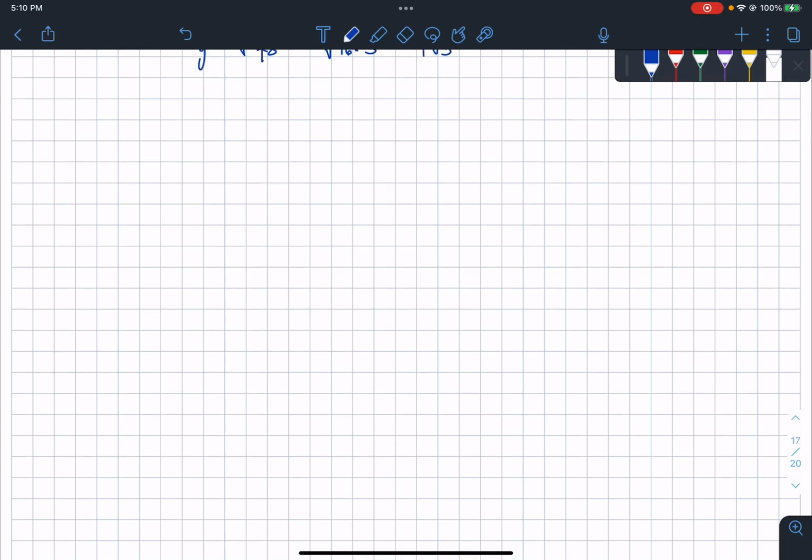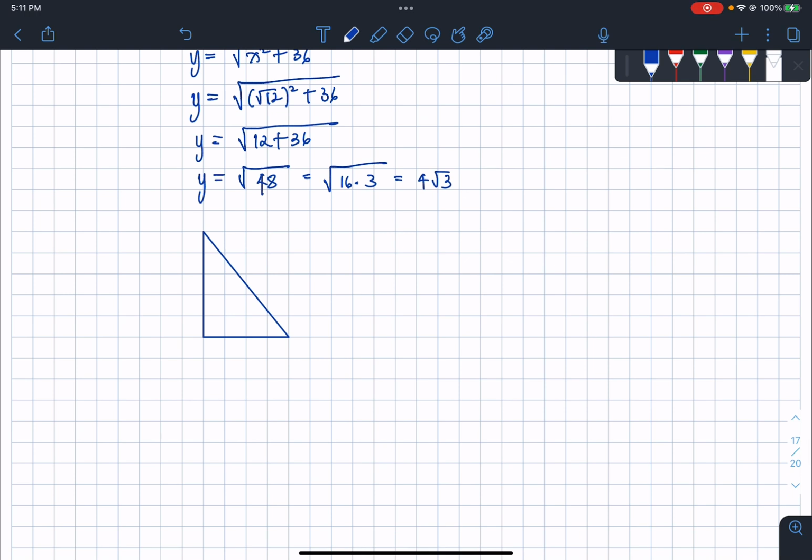So in what direction? So we have again the boat, right? If this distance is 4 square root of 3, then this one is 2 square root of 3. So what would be the direction? Towards the shore. Okay. So we can use opposite over hypotenuse, so we could use sine, right?